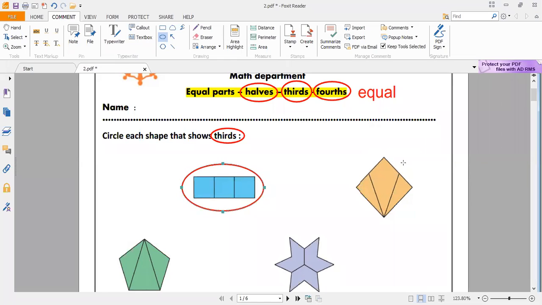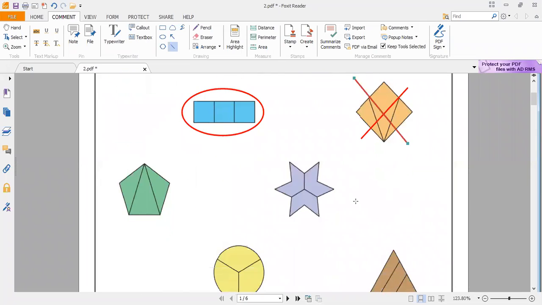Does this shape show thirds? No. Why no? Because it's not equal. Well done Adam. Here we have three parts, but they're not equal. So I cannot say that this shows thirds. Thank you, Adam. Good job.